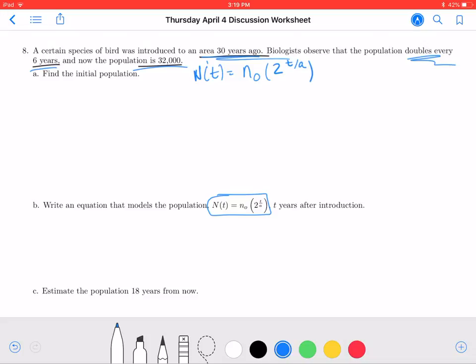So N sub 0, remember, is our initial amount, and a is our doubling time. So we want to solve for the initial population. That is our N sub 0.